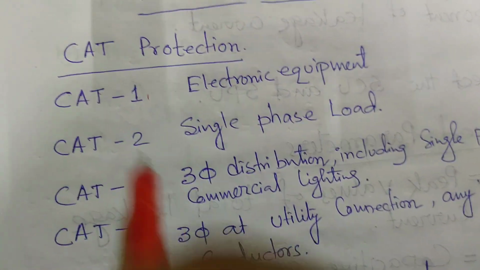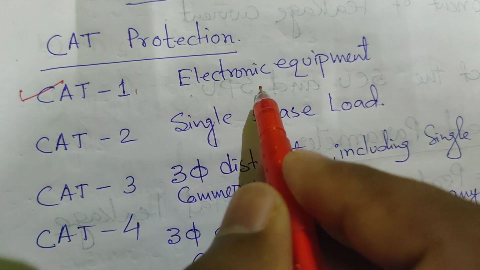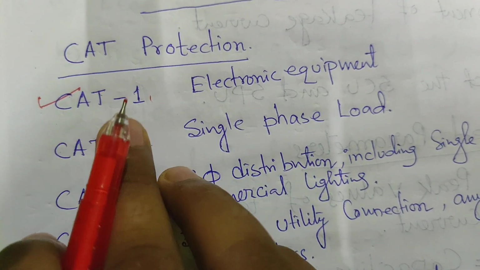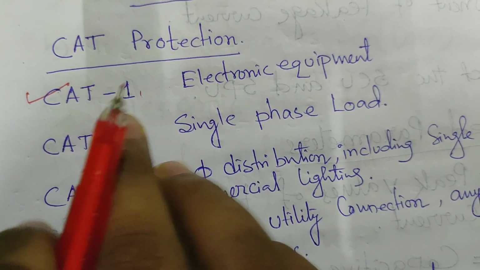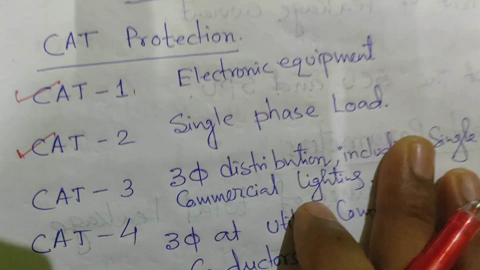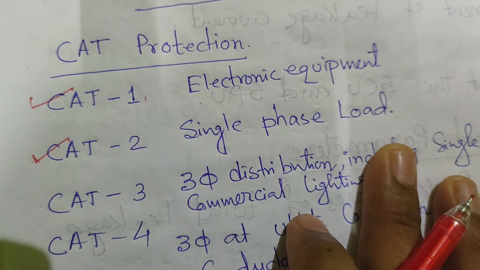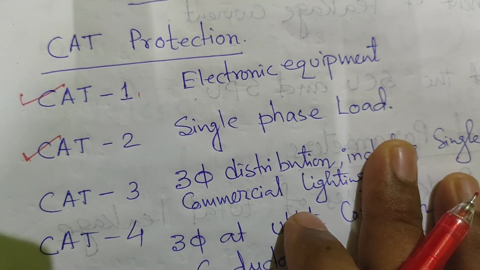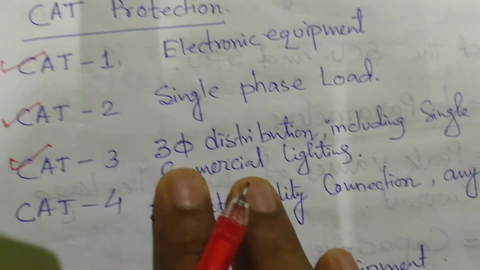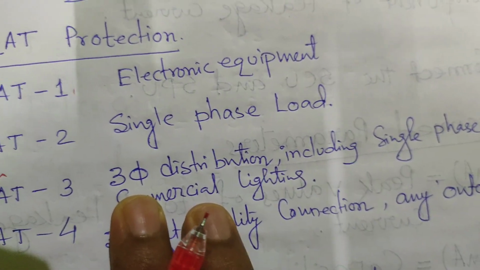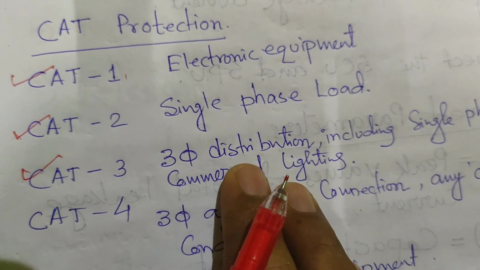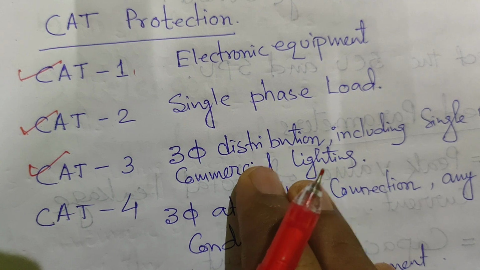CAT 1 is for electronics equipment; CAT 1 compatible multimeters can measure electronics equipment only. CAT 2 is for single phase loads in your household or industries; it can measure single phase load, single phase voltage, etc. CAT 3 is for three phase distributions including single phase commercial lighting. CAT 3 is most important.